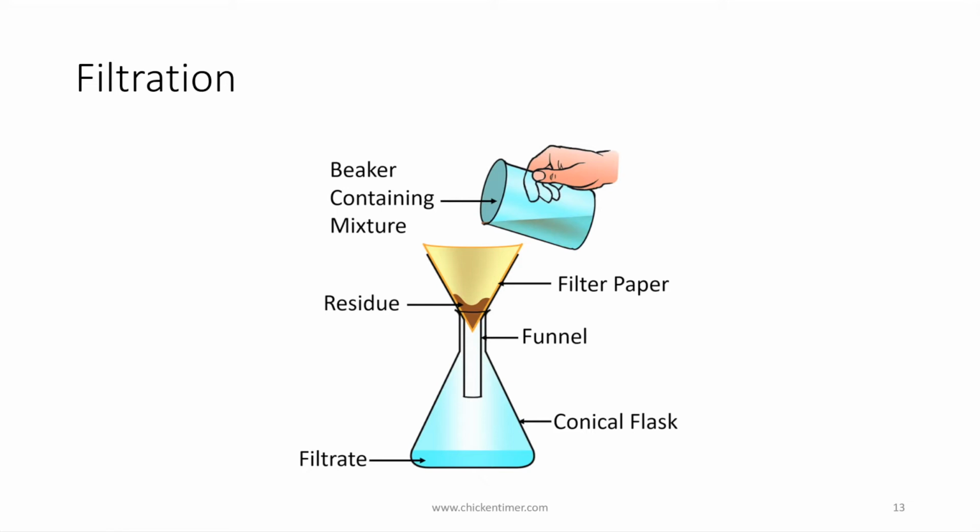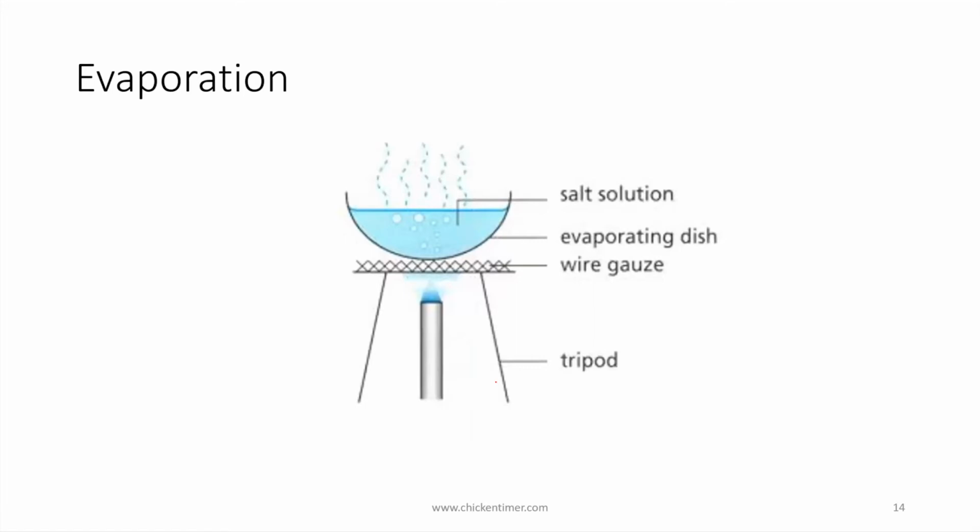You put the funnel on the conical flask, then pour your mixture in. The solid will be trapped here, and the liquid, which is the filtrate, will be collected here. Like that.